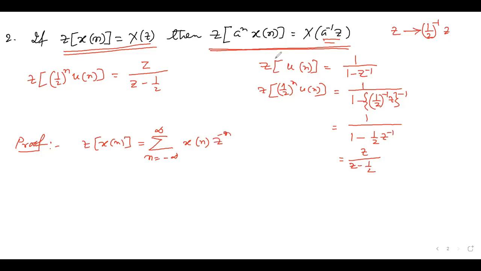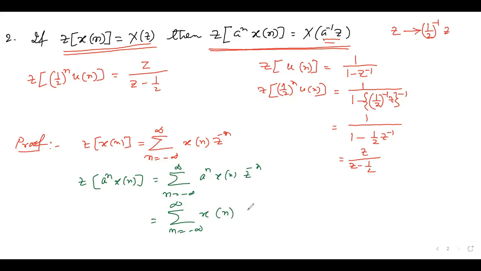Now the Z transform of a to the power n x[n] will be the summation from n equal to minus infinity to plus infinity of a^n x[n] z^-n. Now you can club a^n and z^-n together: can we write that as x[n] (a inverse z) to the power minus n?